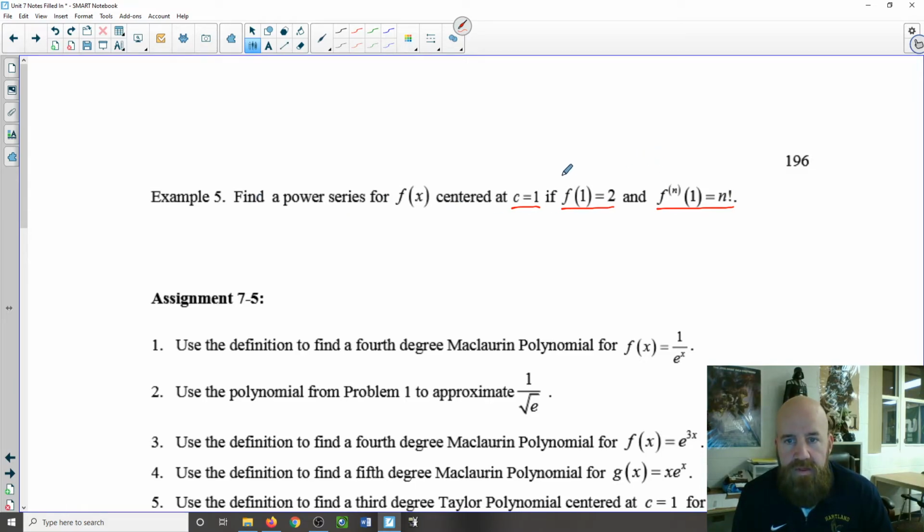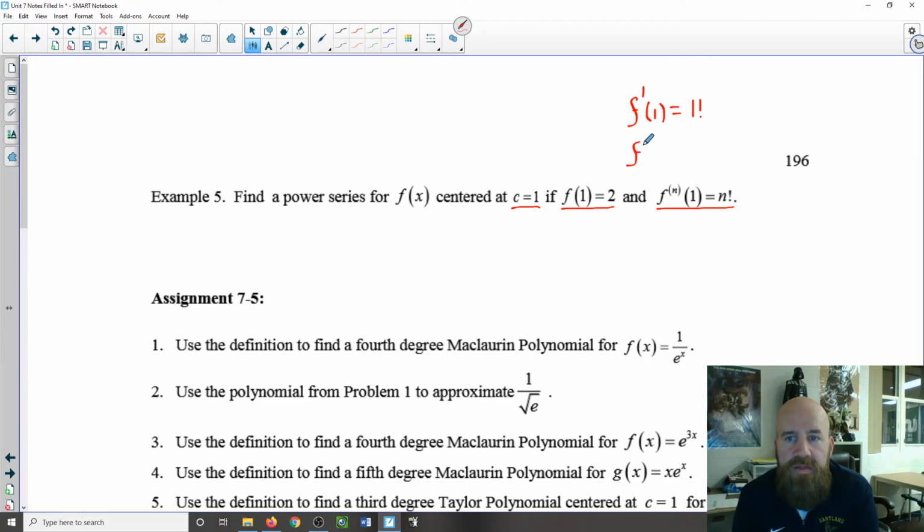Alright, so let's go ahead and think about this nth term here. If we go f prime, the first derivative evaluated at 1, our n value is 1 because we're dealing with the first derivative. That's going to be equal to 1 factorial.